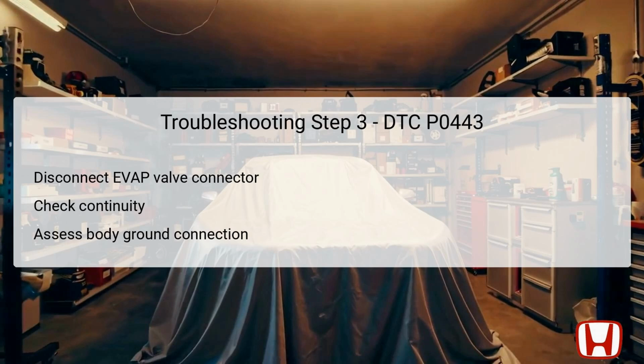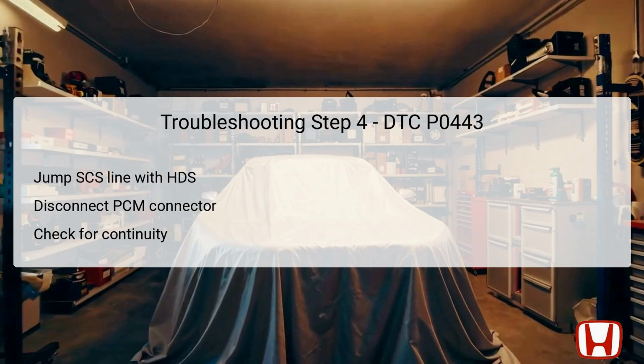Ensure the vehicle remains in off mode during this test. If there is continuity, this indicates that the wiring and connections are intact and the diagnosis progresses. However, if there is no continuity, it suggests a fault in the valve itself, leading to potential replacement.